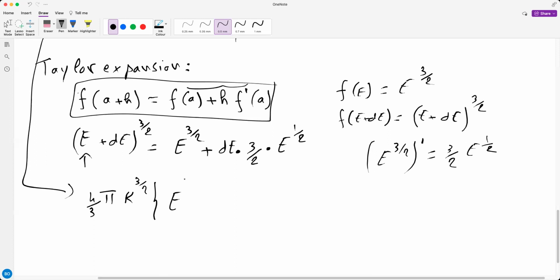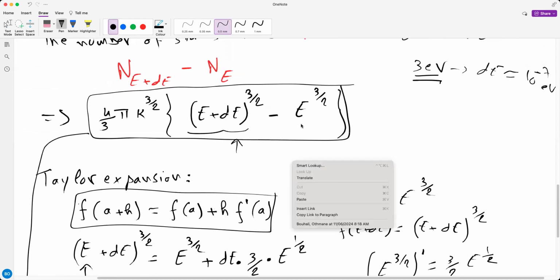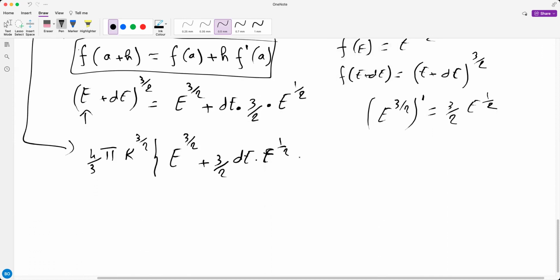So it's E 3/2 plus 3/2 dE e to the power of 1/2, and then minus e to the power of 3/2. And you can see, we will get rid of this.